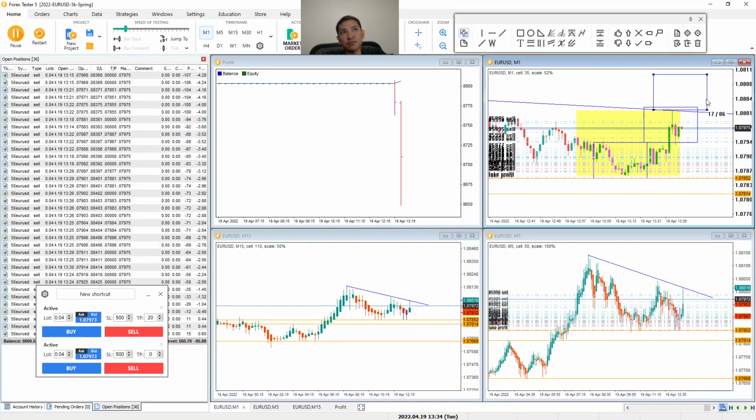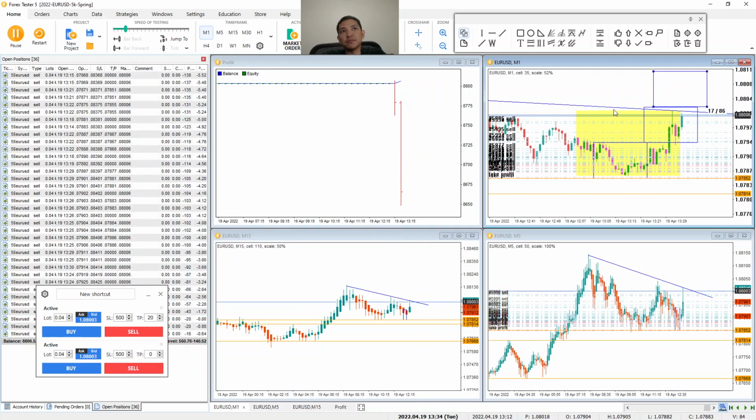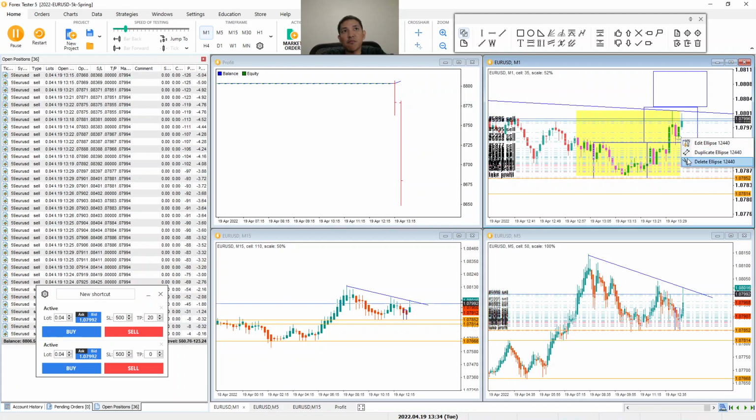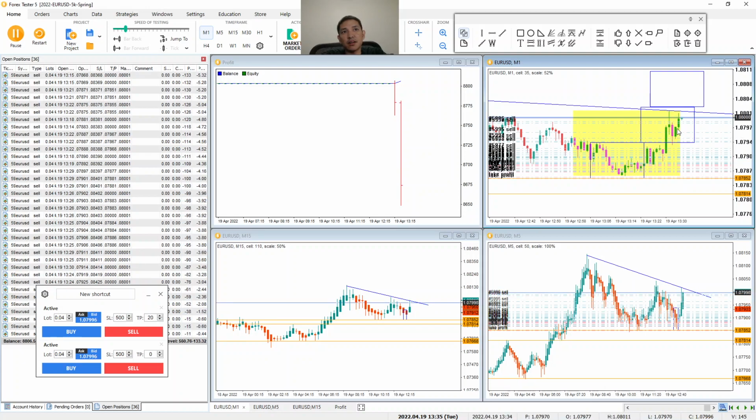So what I want to do is basically start hedging it and buy into it. So I missed my chance to buy right here. But this could be that double top right there.